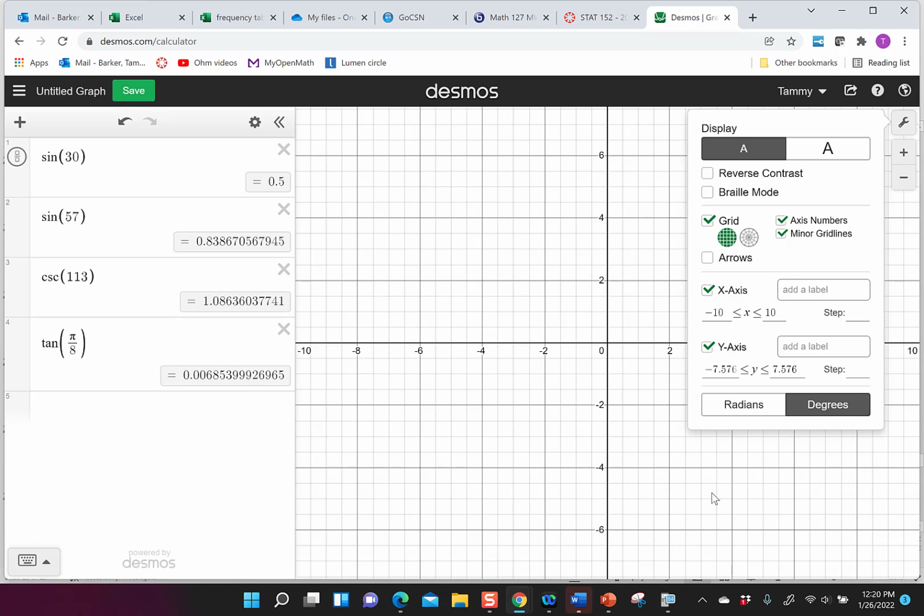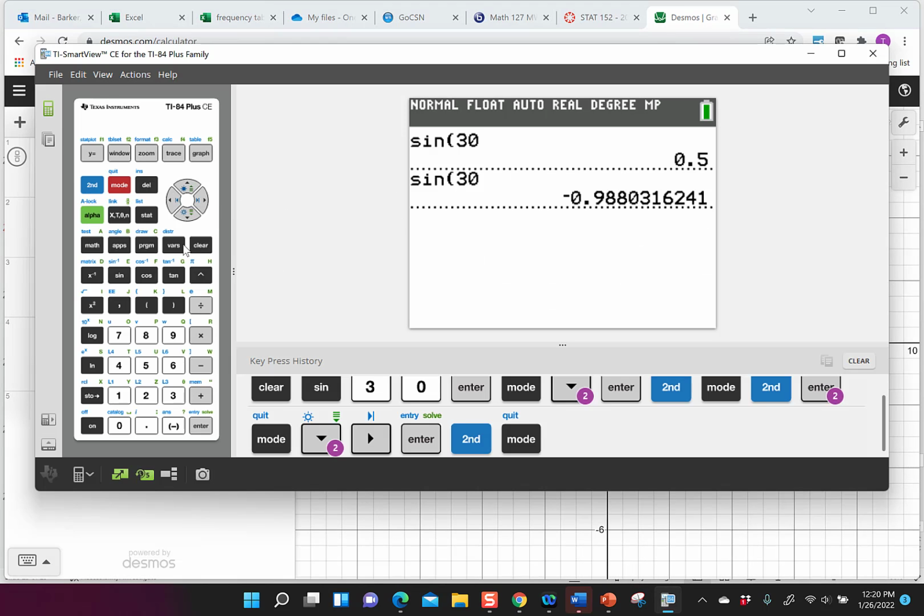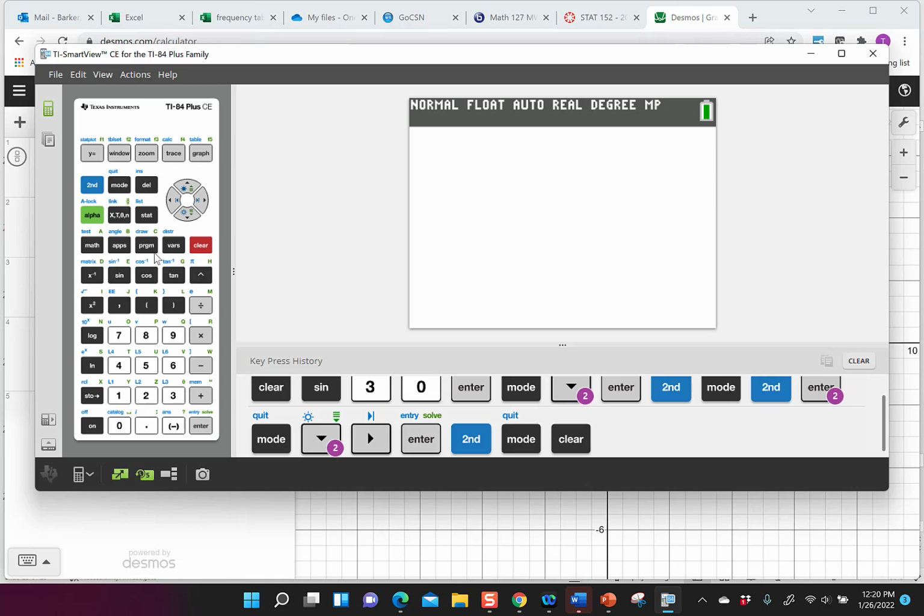If instead, let's say you're using the TI, same kind of thing, I like to do a test. So even if you're doing the homework, maybe it's good to test it. Sine of 30 and it says 0.5, that says, okay, great. This is in degrees, which is what I want, but I had that one later that says tangent of pi over 8.